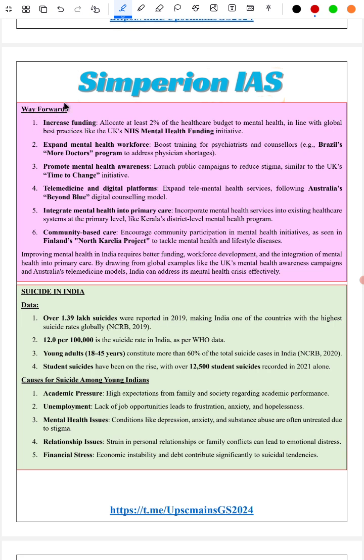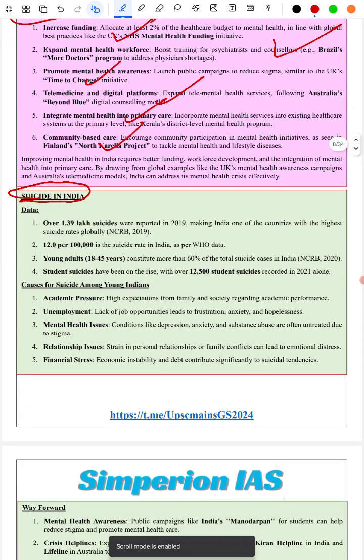Next, we have covered the way forward, how to deal with the mental health issue. We have even added best practices from the world. UK's NHS mental health funding scheme, Brazil's, we have added Australian examples, UK examples again, Kerala examples, the example of Finland, etc. Next is another important topic, which I think was asked in 2023, that is suicide among young professionals.